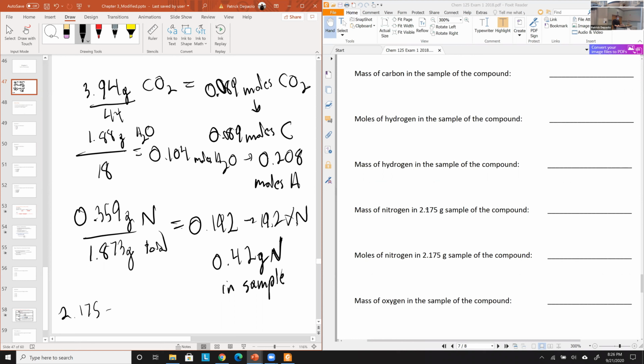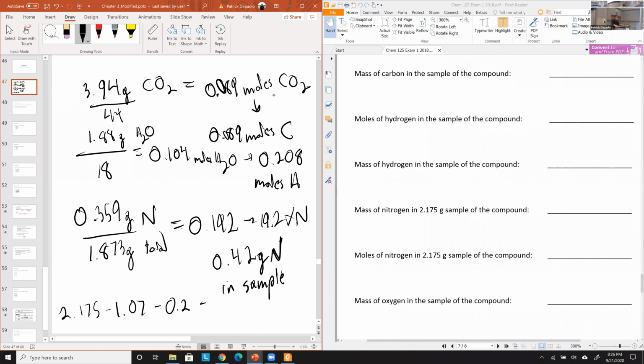So it would be 2.175 minus the mass of carbon, which would be the moles of carbon, 0.089 times 12, which is 1.07, minus the grams of hydrogen, which is about 0.2.